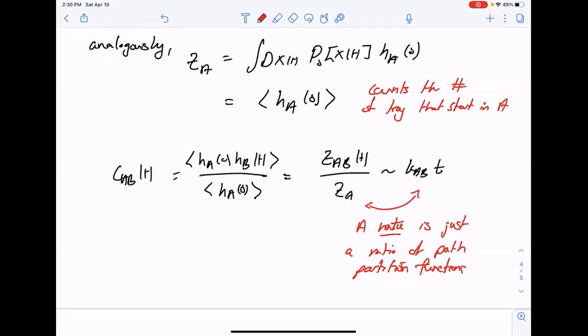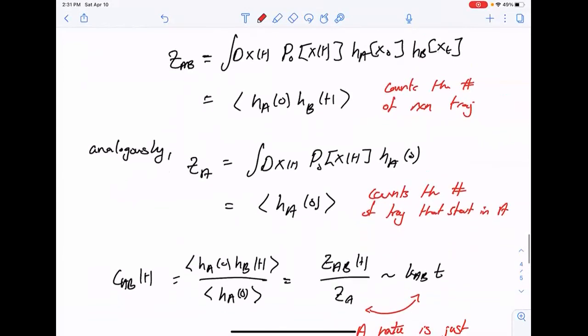Here, if I condition on trajectories that do something like react relative to those that don't, that are just conditioned to start in a given state, that ratio of path partition functions is exactly proportional to a rate constant. This should make intuitive sense given how we formulated Z_AB and Z_A as just the number of trajectories that react relative to the number of trajectories that just start in A.